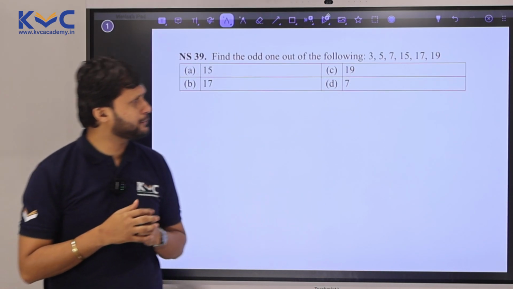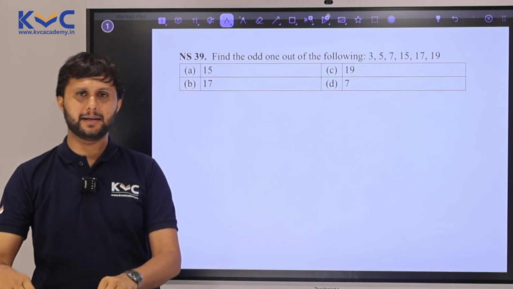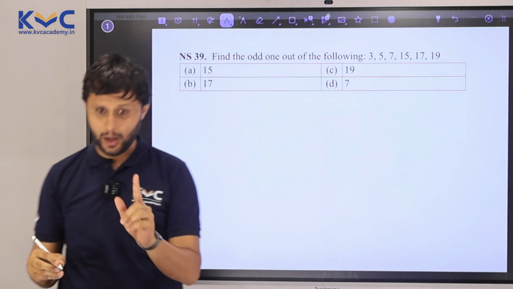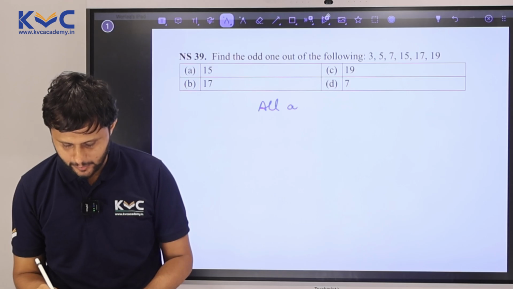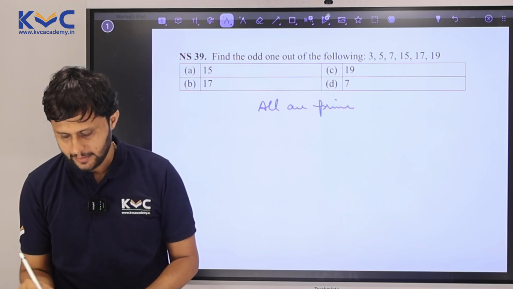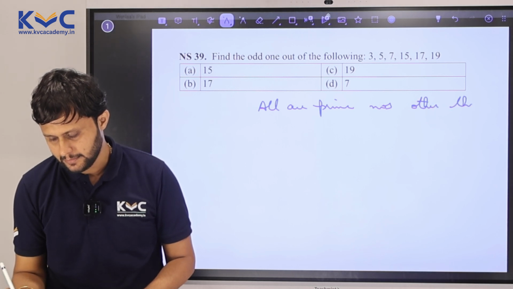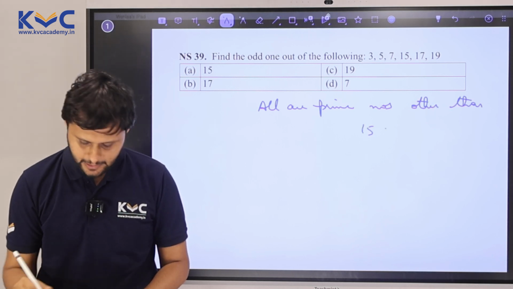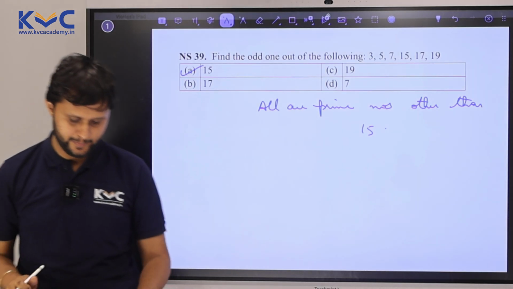So 3 is a prime number, 5 is a prime number, 7 is a prime number, 15 is not, 17 is a prime number, and 19 is also a prime number. So other than 15, all are prime. So we'll go with 15. Answer is A. Perfect.